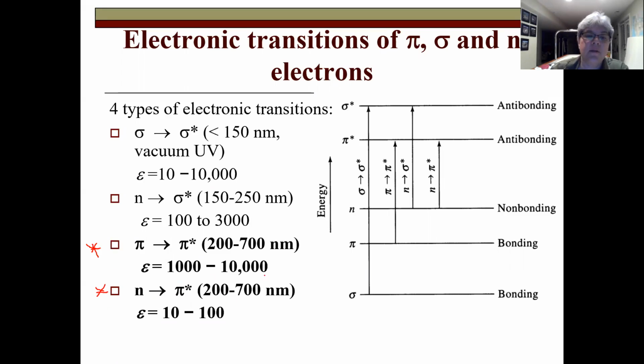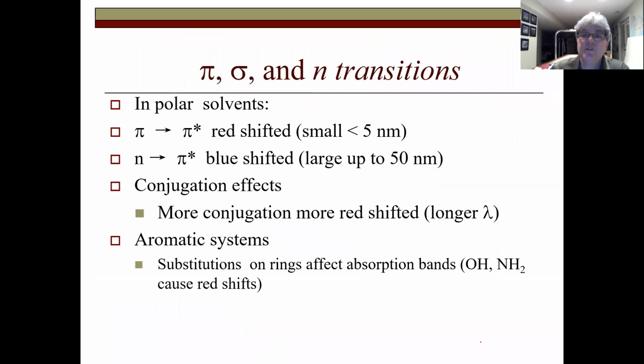You should know that this one has larger molar absorptivities, larger energies. This one, lower molar absorptivities and lower energies. Then you should also know that in polar solvents, pi to pi star will redshift when you go from nonpolar to polar. N to pi star will blue shift. The red shifts are fairly small, the blue shifts are fairly large.